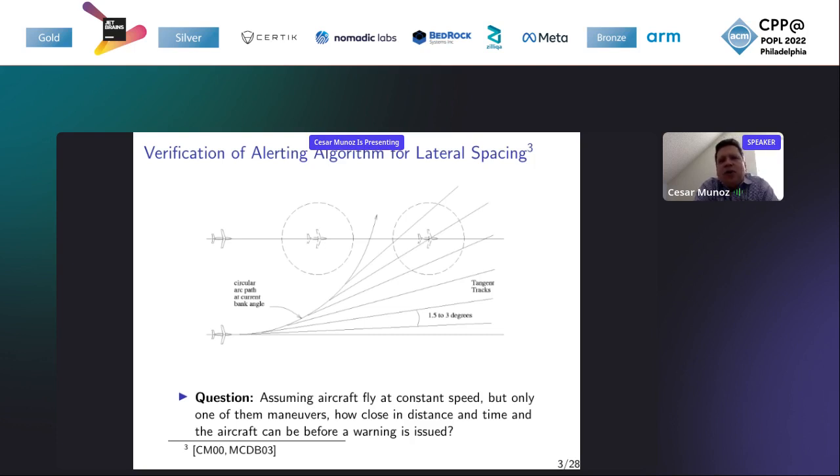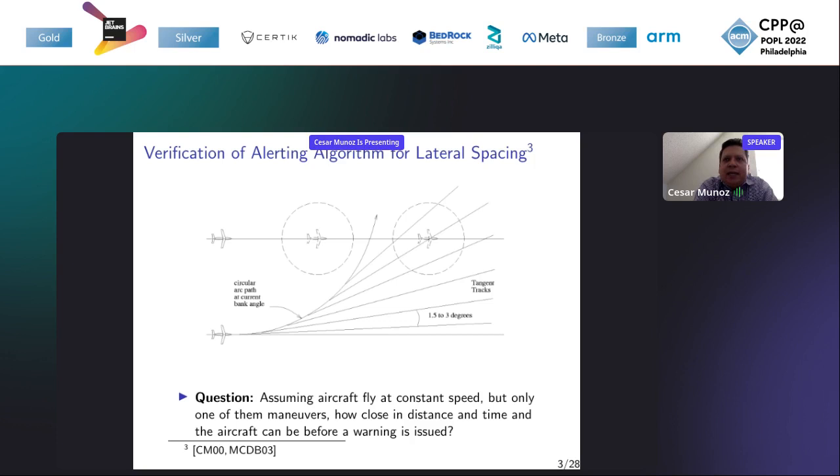Just to give you a context of how this algorithm works: in the US and in the world, especially in major airports, there are closely separated parallel runways, and those parallel runways can be used simultaneously, so you can have two aircraft landing in parallel.